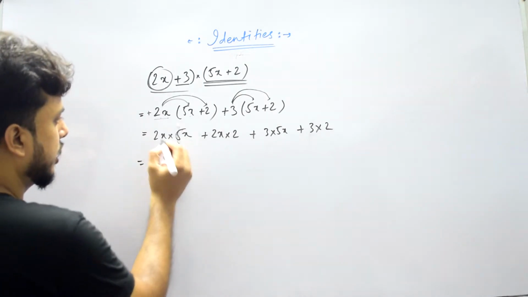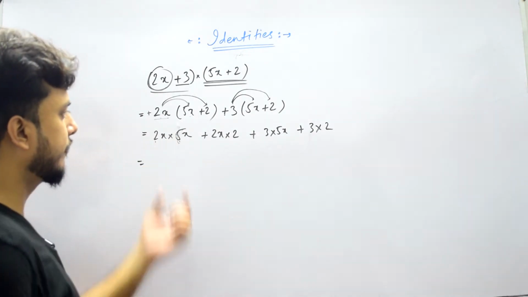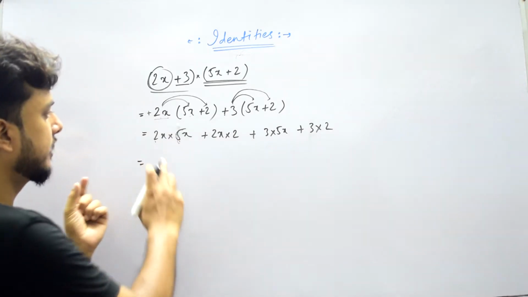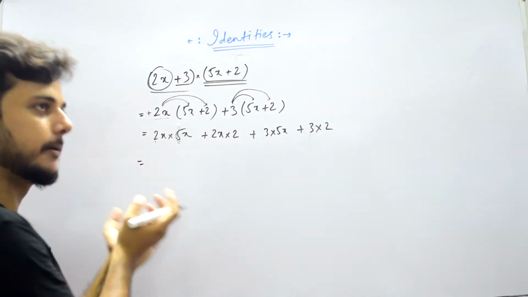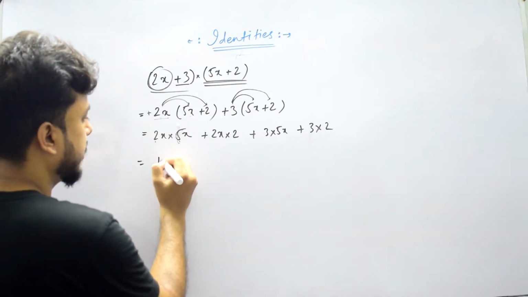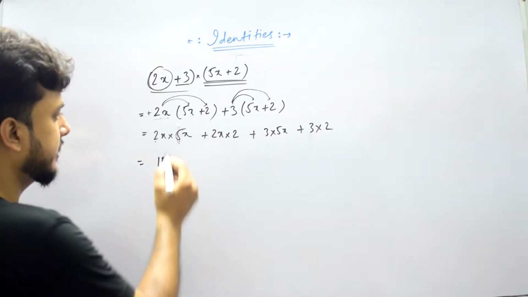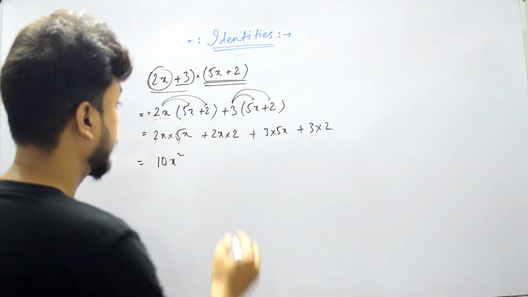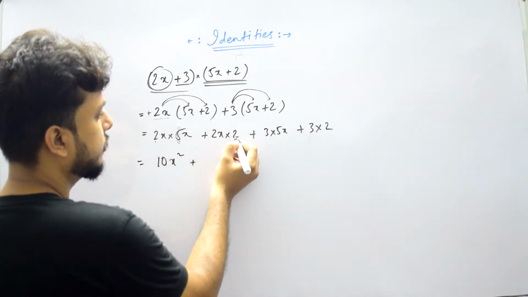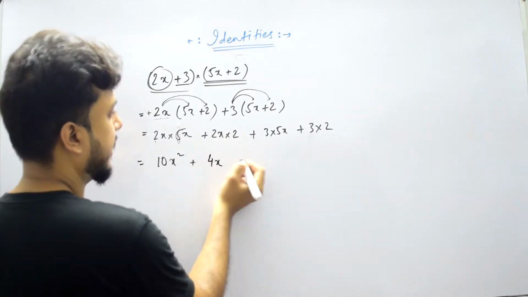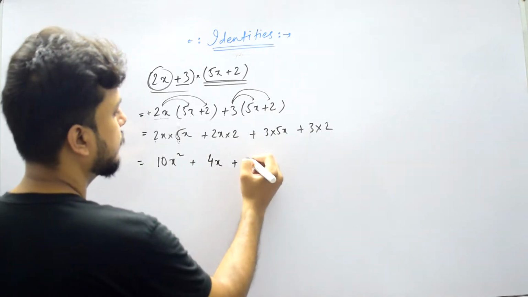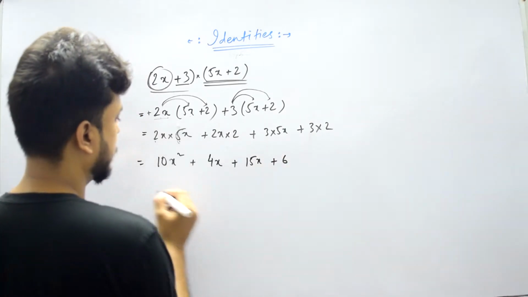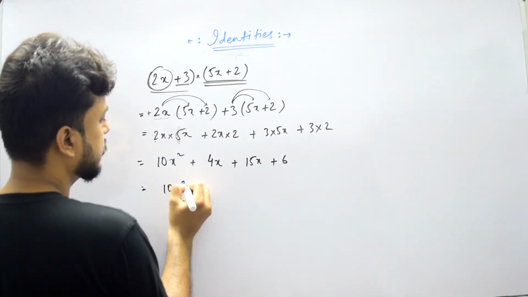Whenever we multiply two algebraic terms like this, first we multiply the numeric part, 2 into 5 is 10, and then the variable part, x into x is x square. Then 2x into 2 is 4x, plus 3 into 5x is 15x, plus 3 into 2 is 6. So this is 10x square.